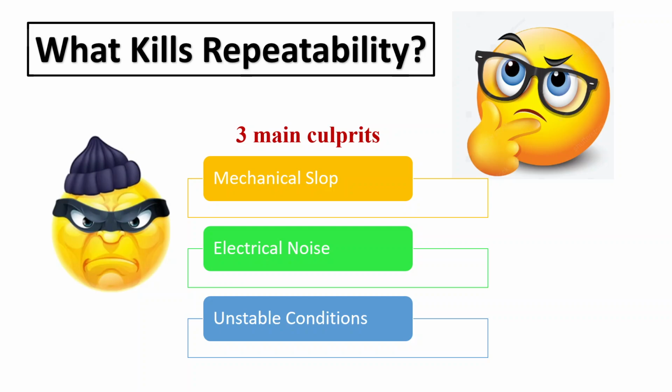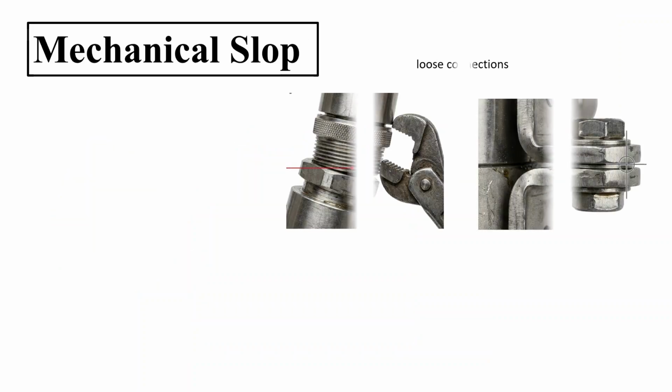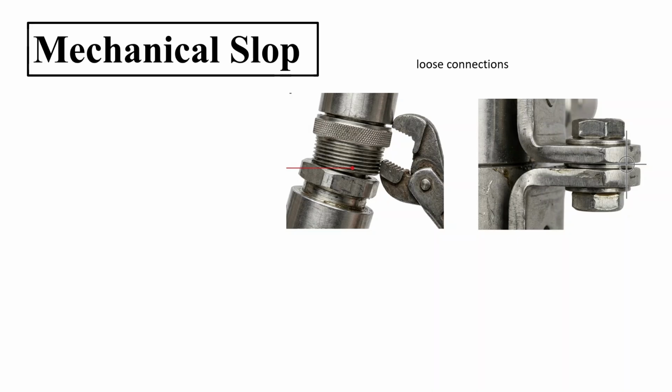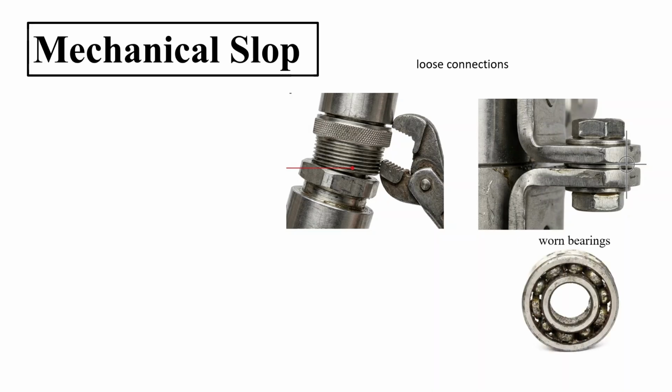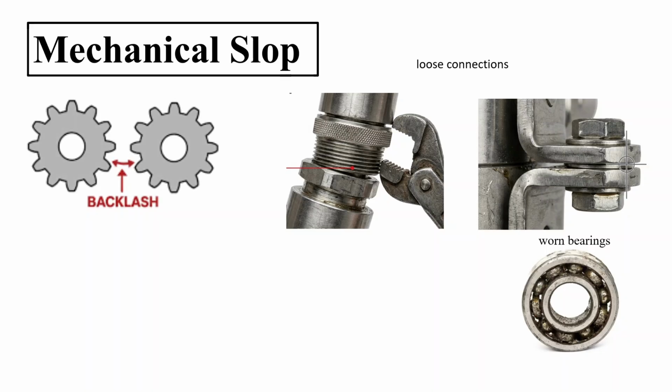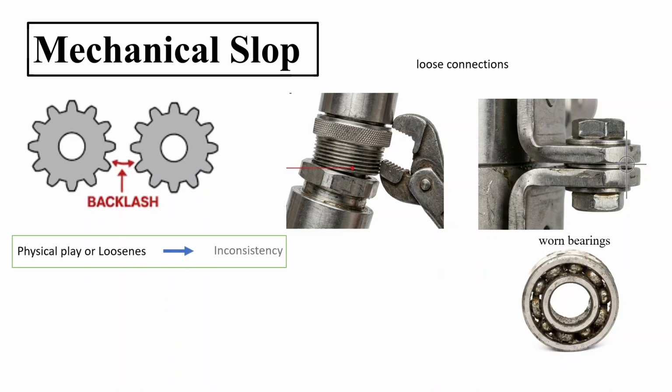The first one is mechanical slop. Think about loose connections, worn bearings, a sensor that's not mounted tightly, or backlash in a mechanical linkage. Anytime there is physical play, any looseness in the system, you introduce inconsistency.